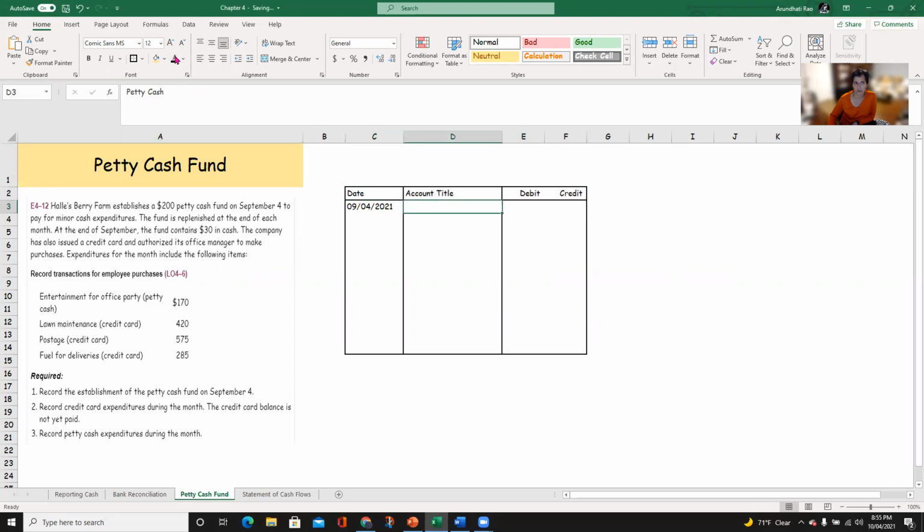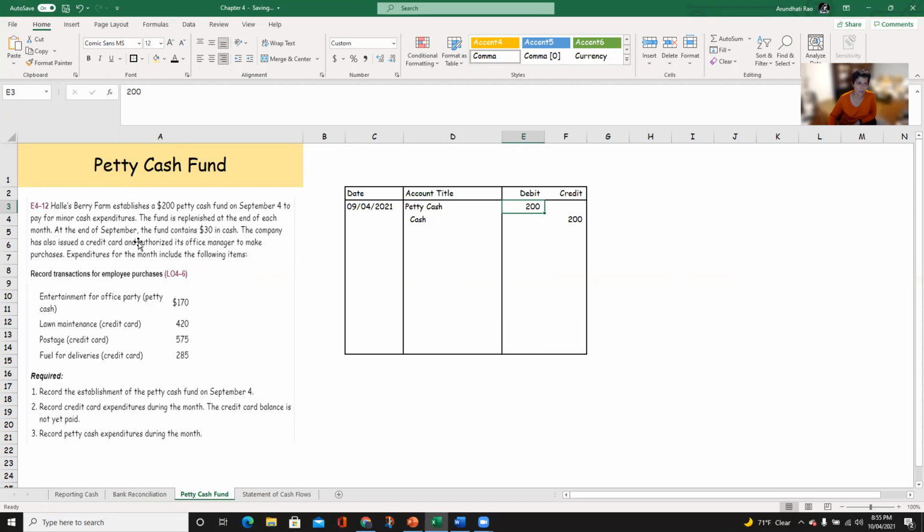The journal entry is going to be petty cash debit, cash credit, and we know the dollar amount is $200. So we basically withdrew $200 from the bank, and we have an employee who is entrusted with the $200, a petty cash accountant or fund manager. They're responsible for spending the $200 and collecting receipts so that we can do the journal entry.